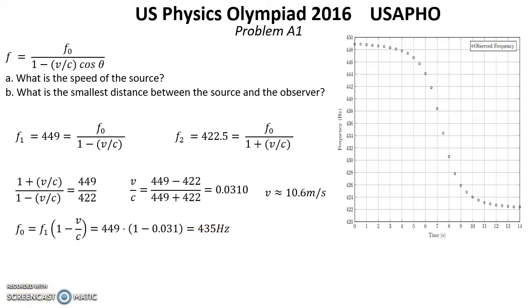Question B. What is the smallest distance between the source and the observer?